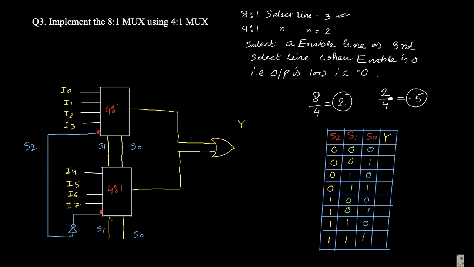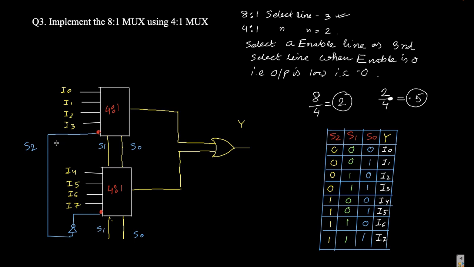Sorry for that. Now what are the outputs? Outputs are I0, I1, I2, I3, I4, I5, I6 and I7.